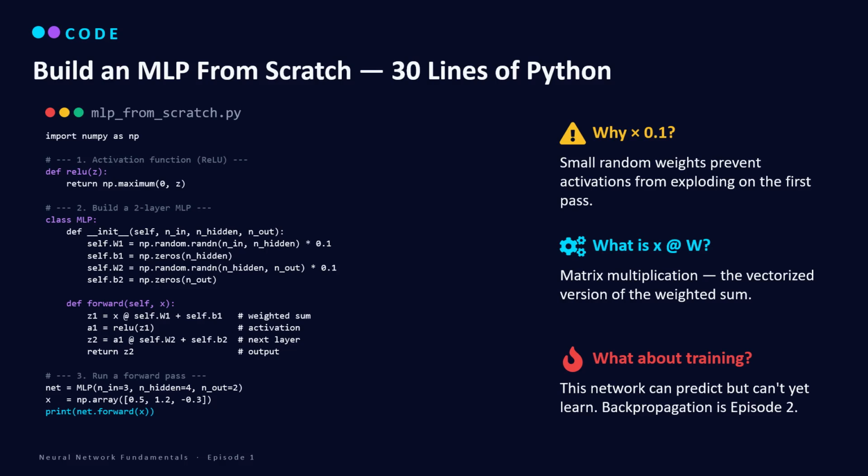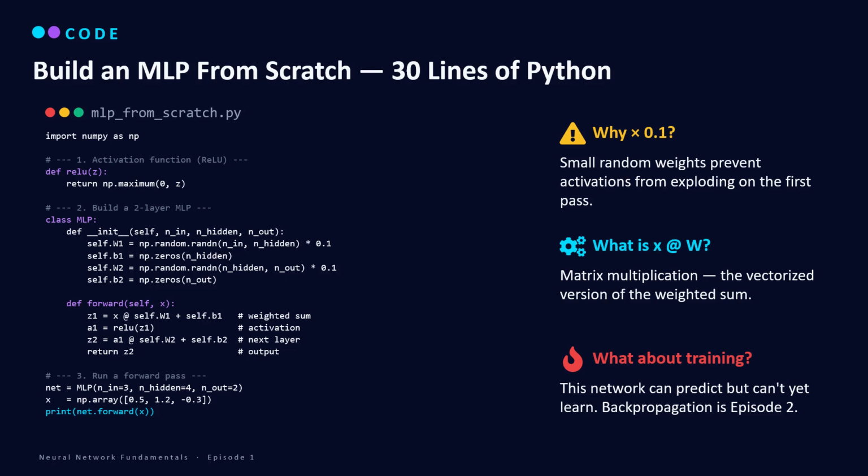Okay, promise time. Let us actually build this thing. This is a neural network from scratch in Python, 30 lines, that's it. We import NumPy, we define ReLU, 1 line. We make a class called MLP with 2 layers. The weights are random, we multiply by 0.1 to keep them small so they don't explode.